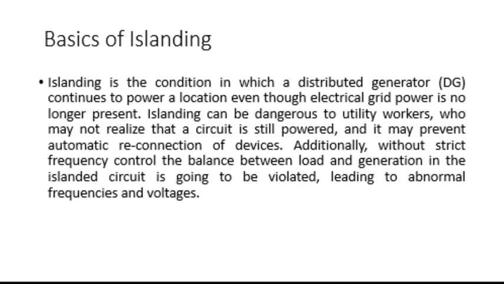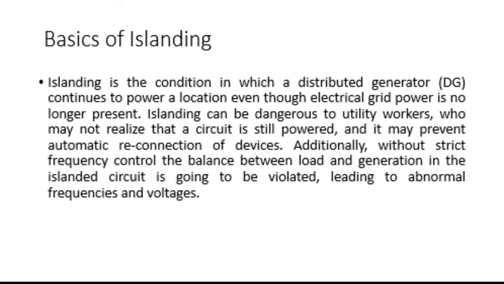So it is going to make an island of power that is not traveling through the grid, because the grid is not having power. The grid voltage is reduced to zero.